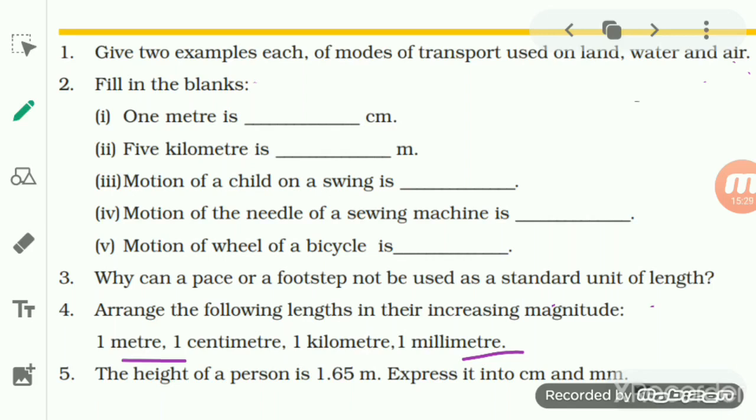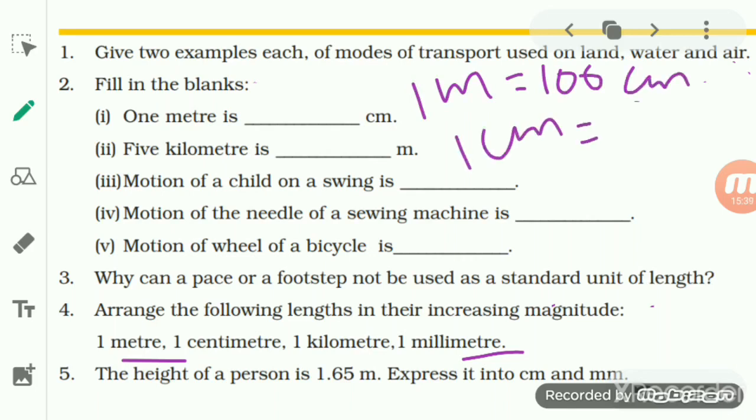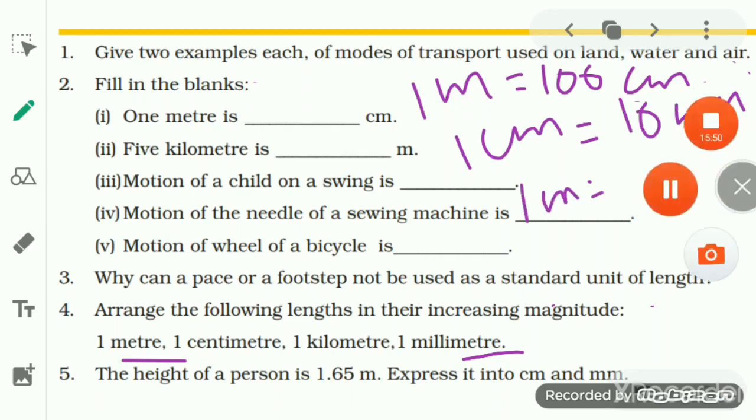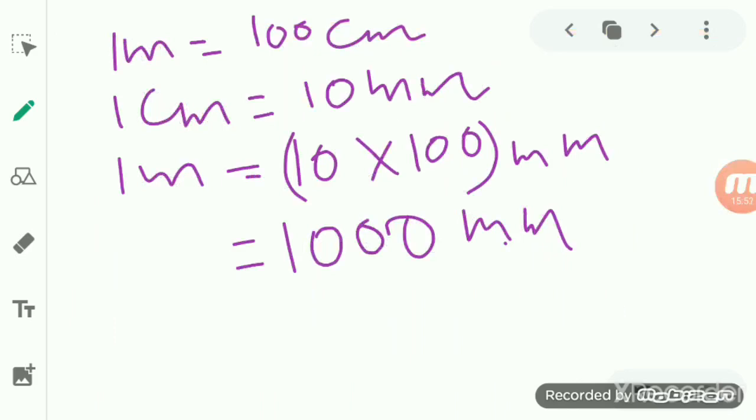Now if we convert the meter into millimeter, we know that 1 meter is equal to 100 centimeter, and 1 centimeter is equal to 10 millimeter. So what will be the value of 1 meter? 1 meter is equal to 100 centimeter.